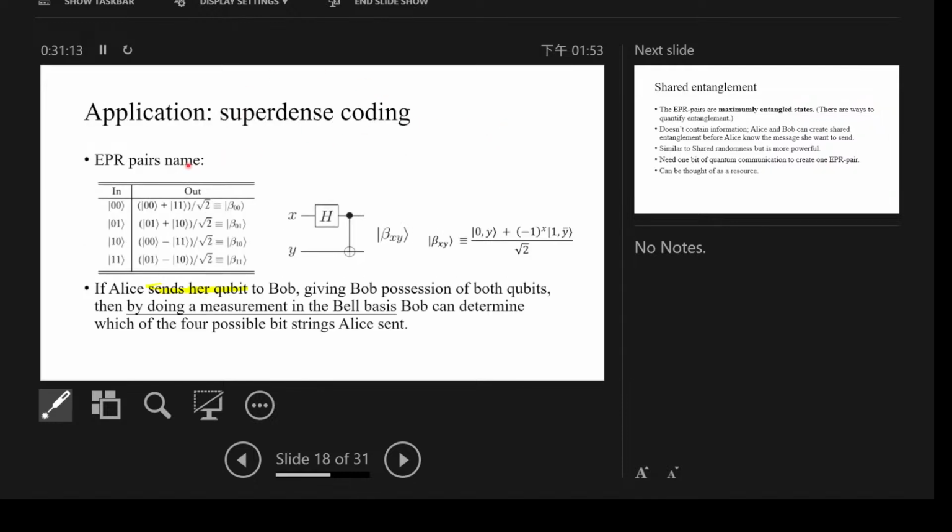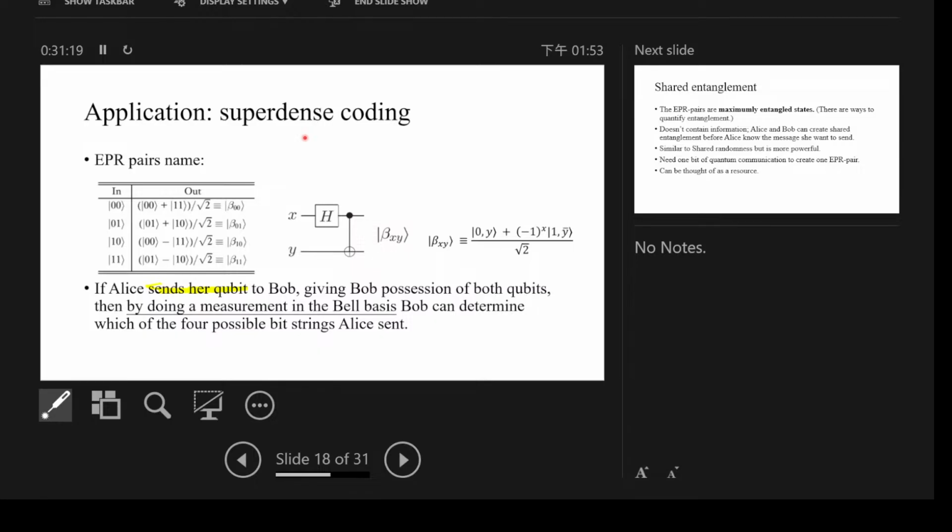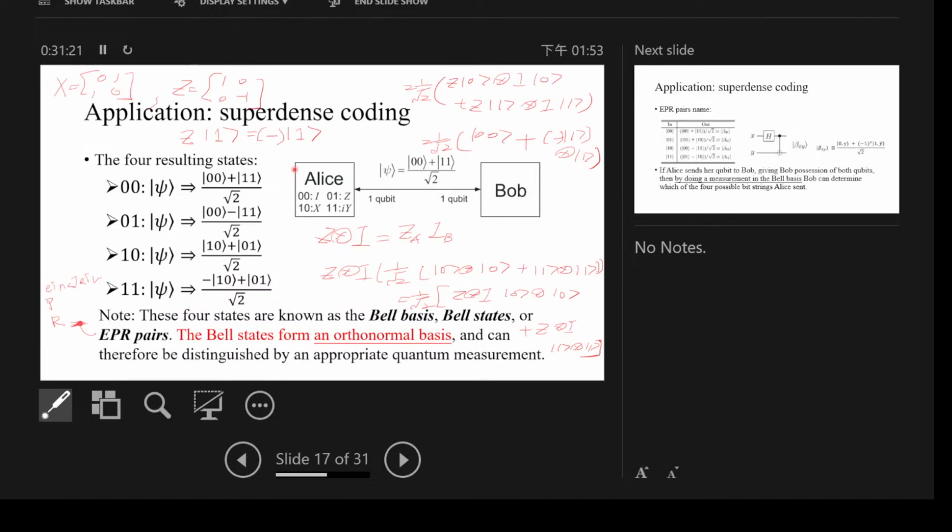We can get into this a little more. You see that in superdense coding, it's important to have this phase here. We encode one bit of the information on the phase between the 00 part and the 11 part, or the 10 part and the 01 part.